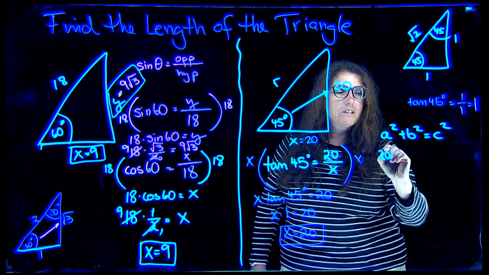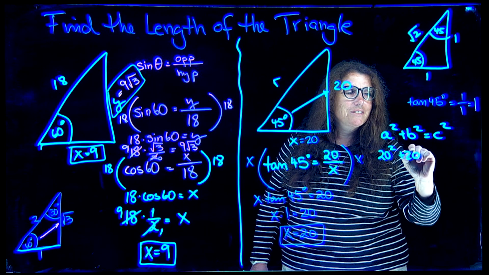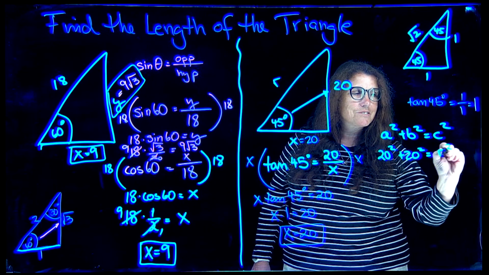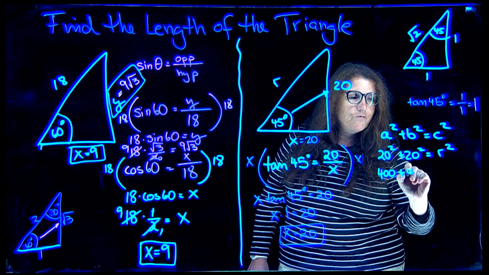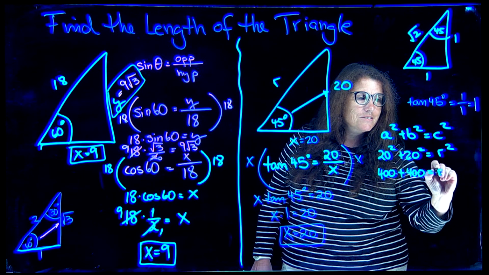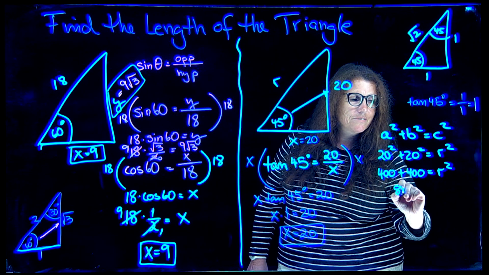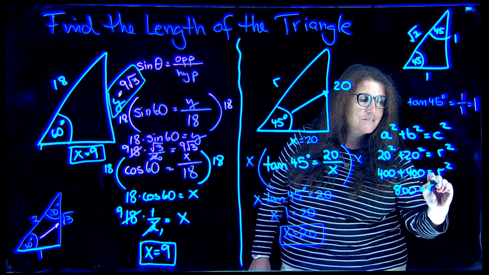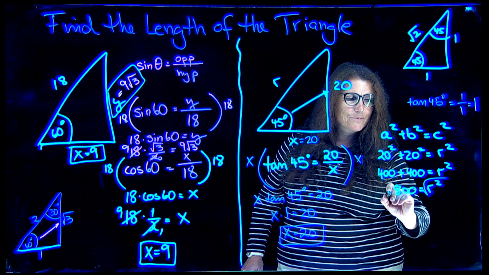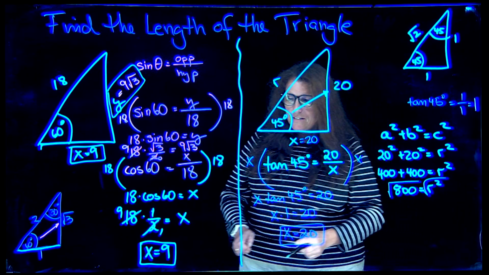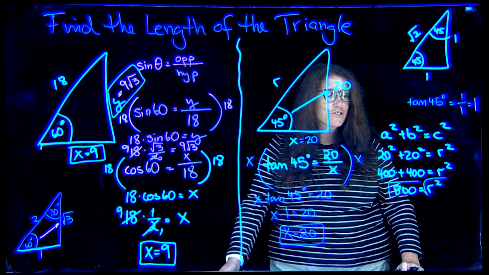So we have 20 squared plus 20 squared equals r squared. 400 plus 400 is r squared. 800 is r squared.